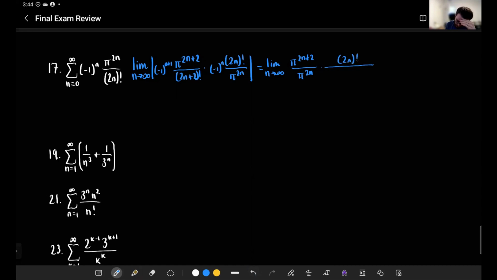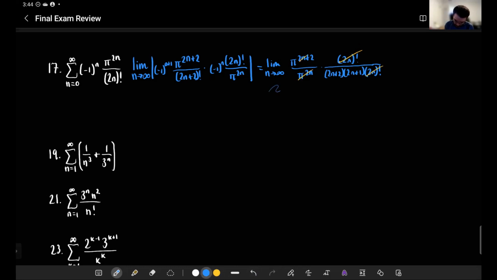On top, keep it the same. On bottom, 2n plus 2 factorial is 2n plus 2 times 2n plus 1 times 2n times 2n minus 1 times 2n minus 2, keep going down. That's basically just a fancy way of saying 2n factorial, and then those cancel. So cancellation here, cancellation here.